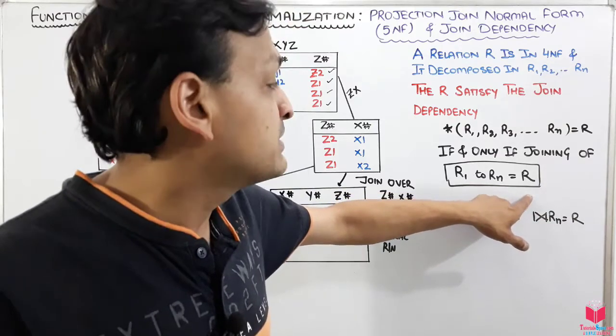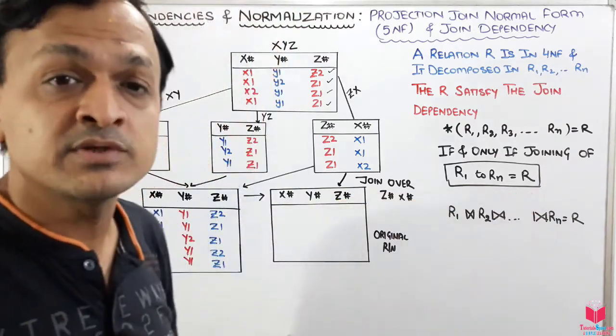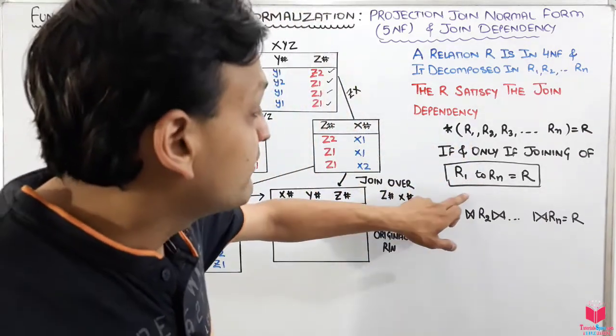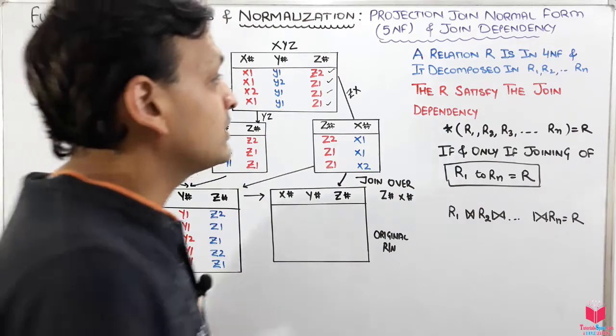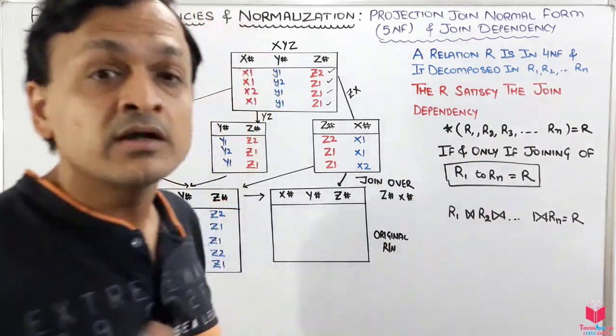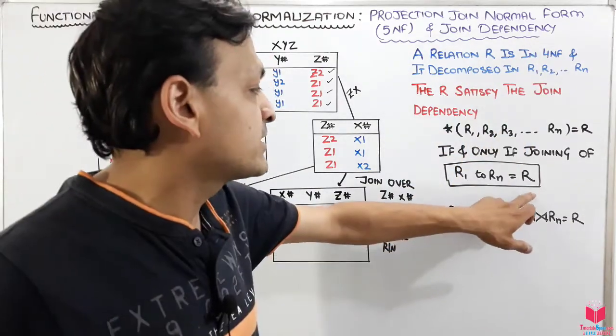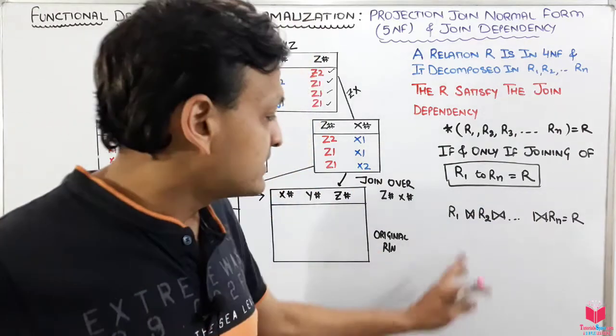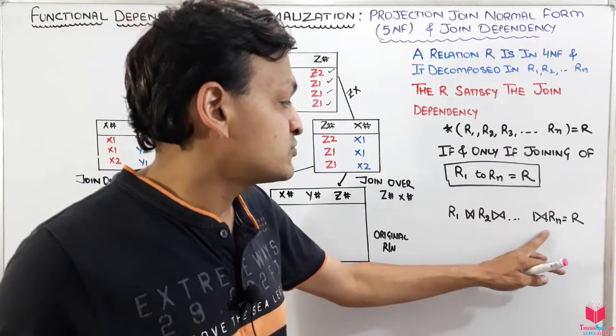Okay guys, that means if we get the original relation, we are also getting all the attributes there. So we will take the natural join of all the decomposed relations, then we should get the original relation. Then we will say that it is a join dependency. That is R1 natural join R2 natural join up to Rn.